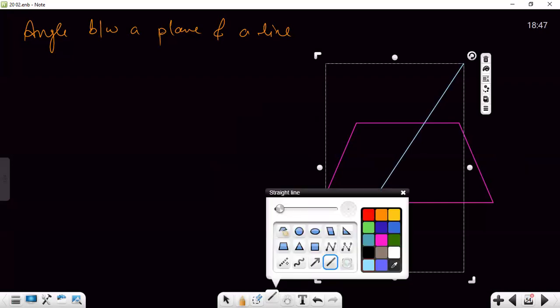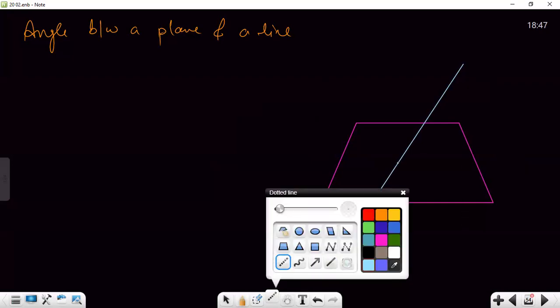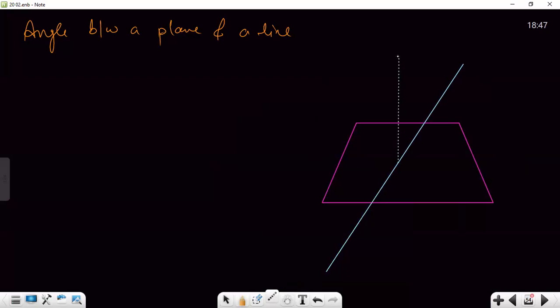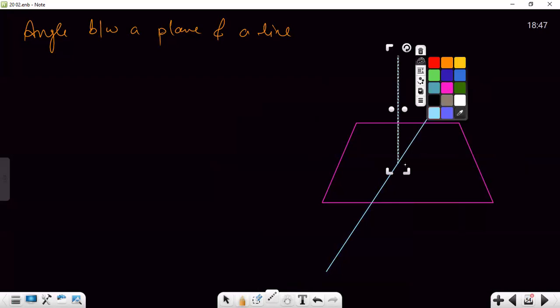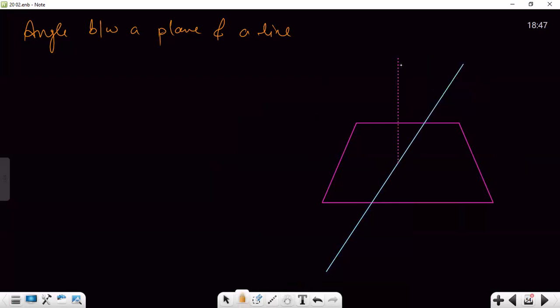Let me draw the perpendicular of the plane. This is the n vector, and this is the line. The direction of this line will be given by the b vector.